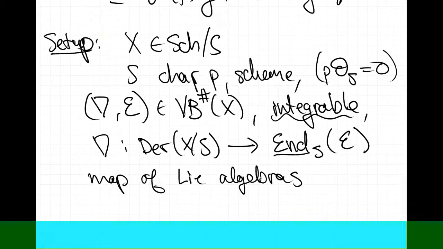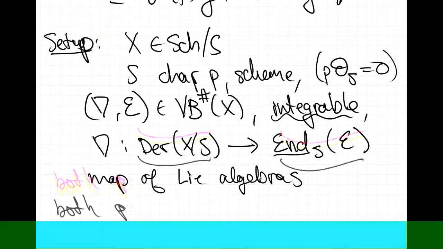Okay, so once we have this, what we can do is we can notice that this thing is a p-Lie algebra. So both of these are p-Lie algebras. And so this thing has the pth power map, so you can iterate endomorphisms.